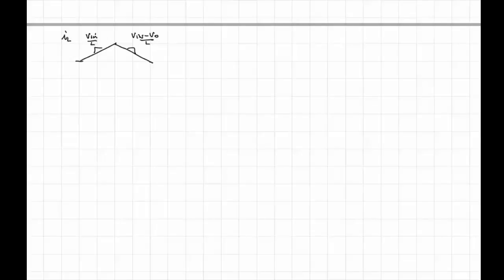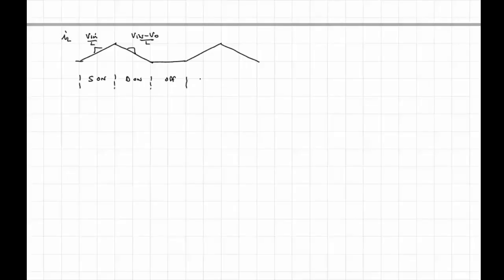One of the ways is that you can let the current sit there at 0 for a while, and then after a time, you turn the switch on again, turn it off. So here we would say S on, here we would say diode on, and here we'd say everybody's off.